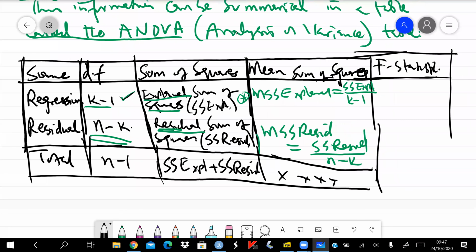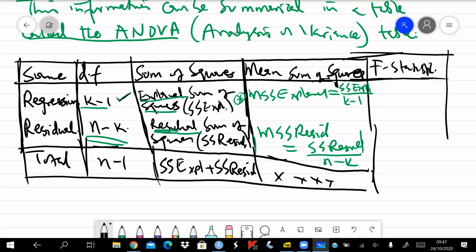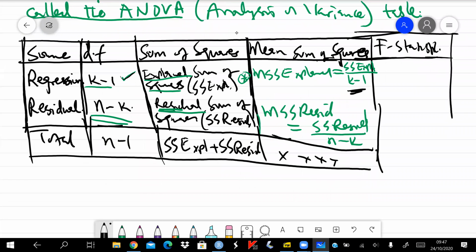Then finally, we have what you call the F-statistic. This is the statistic that we shall be using to check the goodness of fit of our model. Maybe I should mention this. Let me write it as a formula.